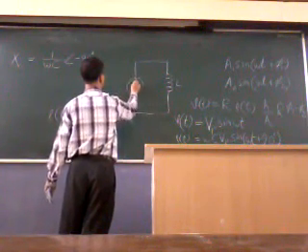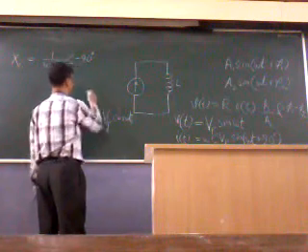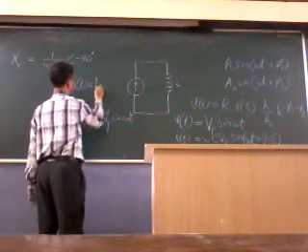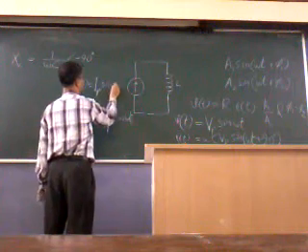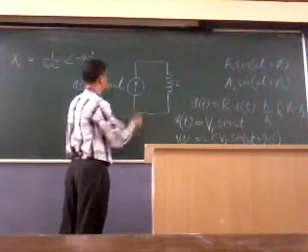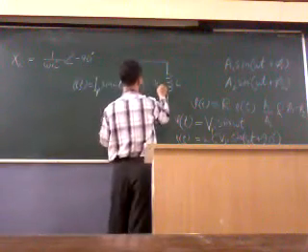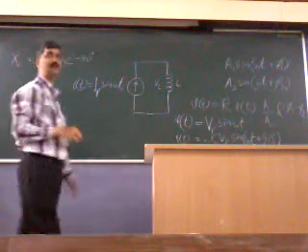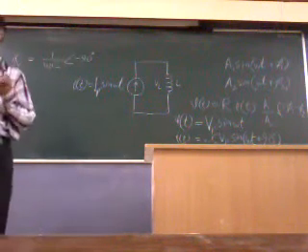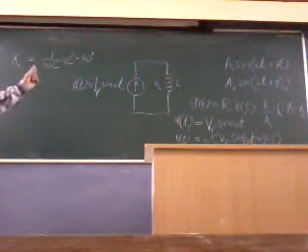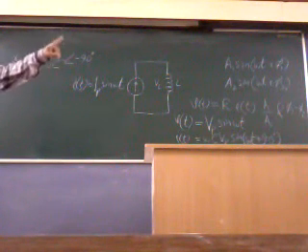You apply a current source of i(t) equal to Ip sin omega t. So what would be VL? VL would be L di by dt. That is L into omega cos omega t.